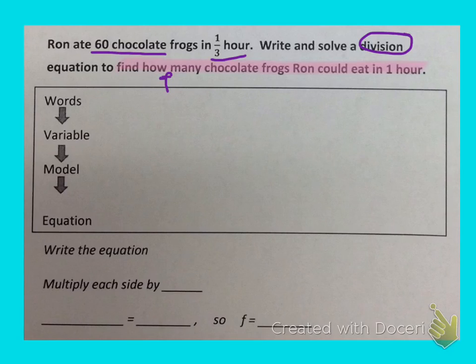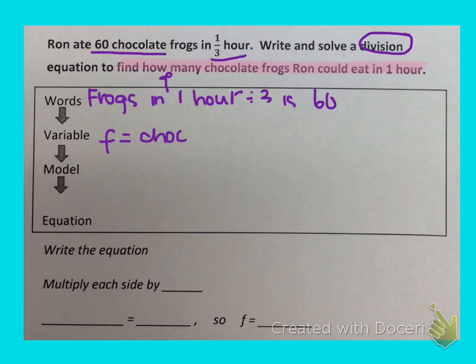So let's go ahead and write the most important words from the problem so that we know, let's see, number of frogs in 1 hour divided by 3 is 60. And then we already defined our variable. We said F for chocolate frogs.